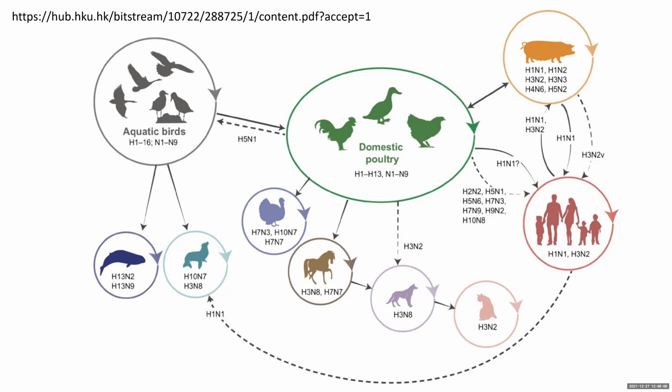If we look at influenza, there are a variety of different types. Remember, we call them H1N1, H3N3, because they have different versions of those hemagglutinin and neuraminidase spike proteins sticking up.